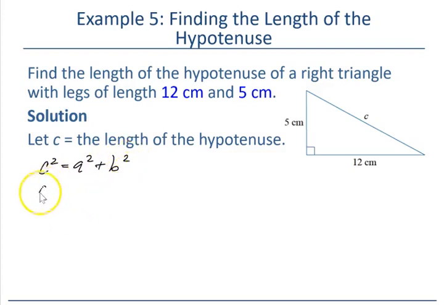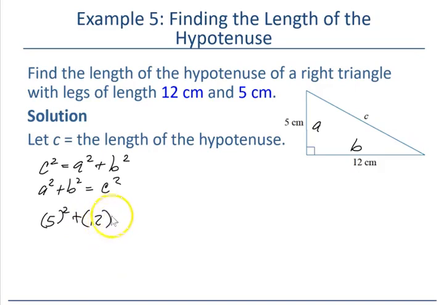And you'll also see this written as A squared plus B squared equals C squared. Let's make this my A and this my B. Doesn't really matter, but once you label them, stick with it. Plug everything into the formula. I've got 5 squared plus 12 squared, and it's all going to equal C squared.